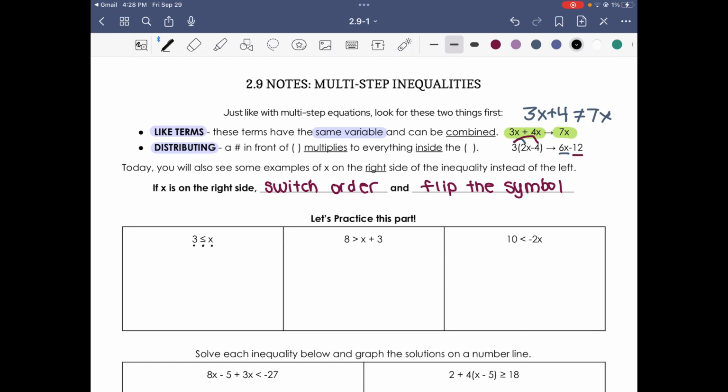So if I want to write x on the correct side and 3 on the other side, I need to flip that symbol the other way at the same time. Notice how this means that the side closest to x, the open side, is still facing x down here as well.